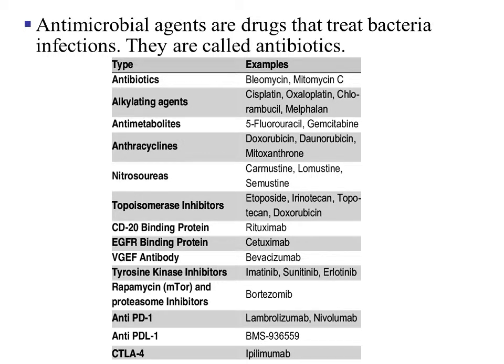One of those chemotherapeutic agents that we will discuss are antibiotics. So antimicrobial agents are drugs that treat bacterial infections. These are going to be called antibiotics. So they're going to negatively affect the bacteria, the bacterial infection.